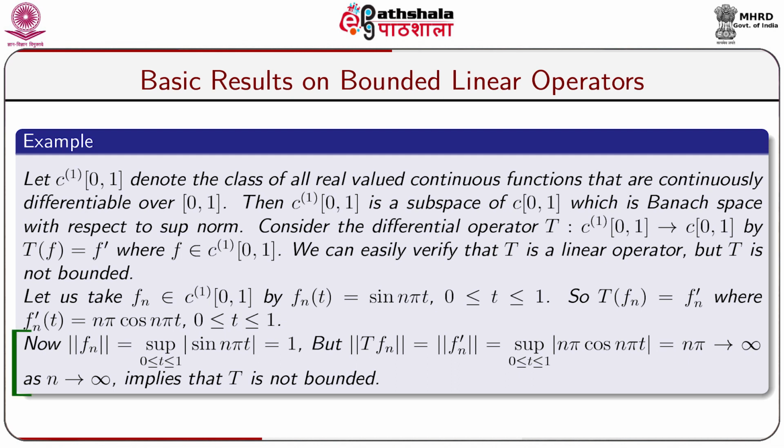Now ||fₙ|| = sup |sin nπt|, where the supremum is taken over the closed interval [0,1], which is equal to 1, but ||Tfₙ|| = ||fₙ'|| = sup |nπ cos nπt|, where the supremum is taken over the closed interval [0,1], which is equal to nπ and tends to infinity as n tends to infinity. This implies that T is not bounded.